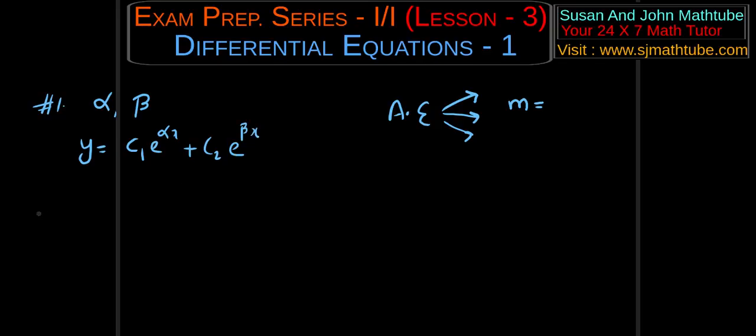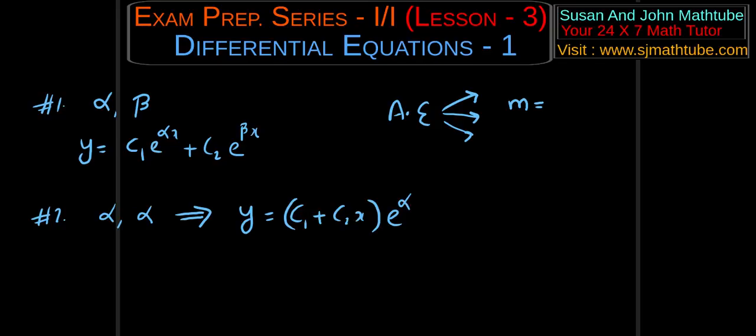Now suppose the roots are real but equal roots. And in this case, you must remember the solution will be c1 plus c2 times x into e to the power alpha x. Now the third possibility, the roots are imaginary, the roots are complex numbers.